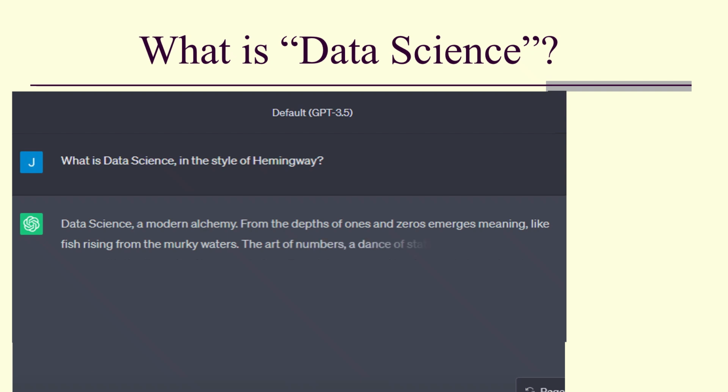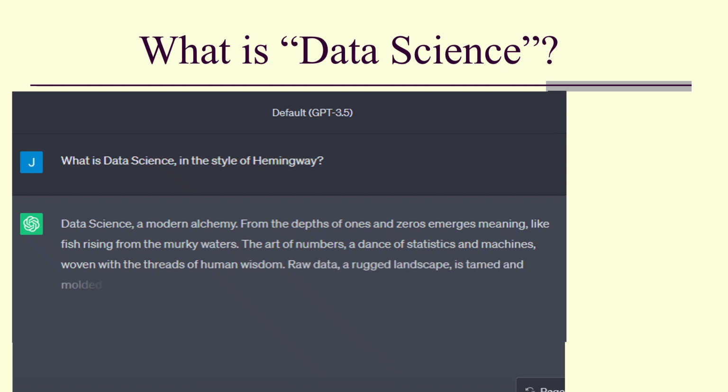Data science, a modern alchemy. From the depths of ones and zeros emerges meaning, like fish rising from the murky waters. The art of numbers, a dance of statistics and machines, woven with the threads of human wisdom. Raw data, a rugged landscape, is tamed and molded, revealing its secrets through careful observation and experimentation.